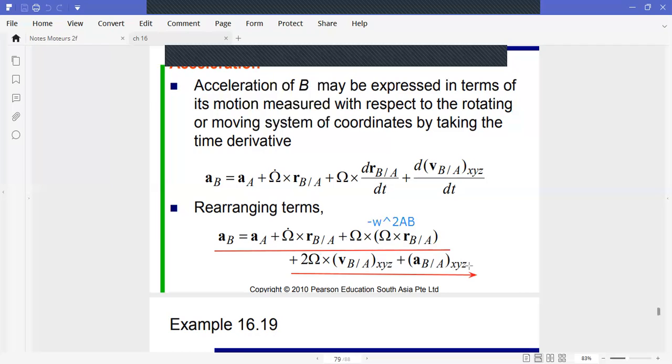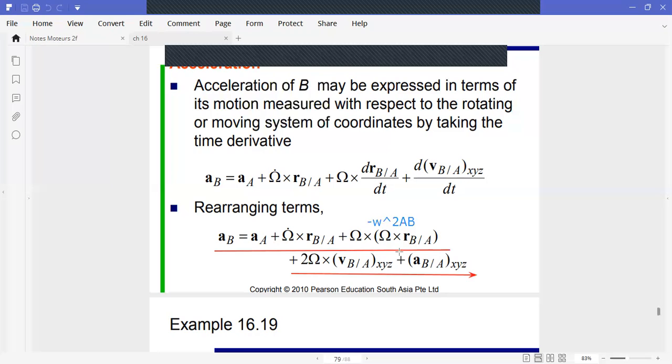So the acceleration is a combination of the acceleration of the point on the rigid body, given by a_A plus alpha vectorial AB minus omega squared AB, in addition to the relative motion, which gives you the relative acceleration and the Coriolis acceleration.